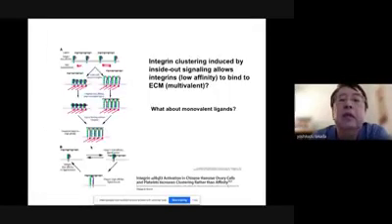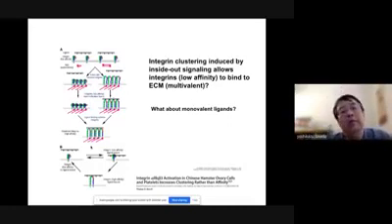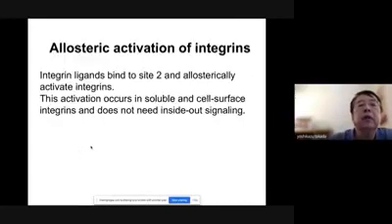Maybe I can skip this, but even if integrin affinity is not enhanced, it can still bind to ECM that has multiple integrin binding sites. So what's going on? Then I realized the allosteric activation by chemokine we found is important.